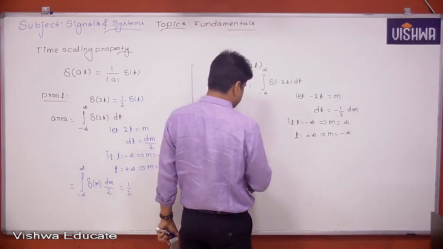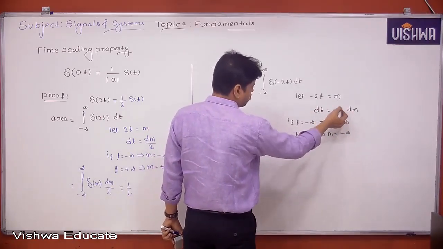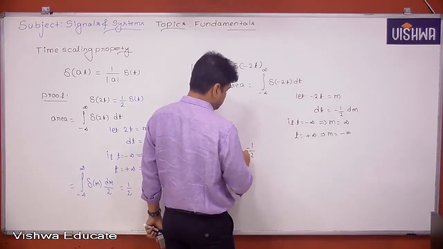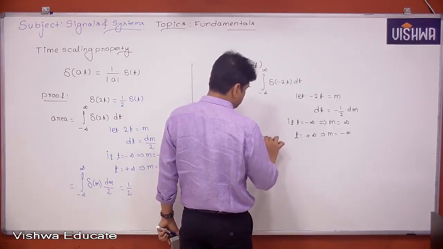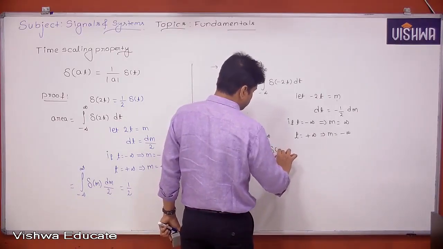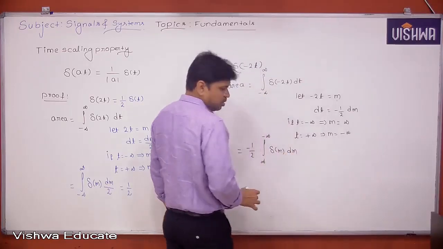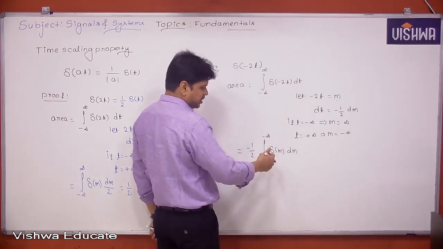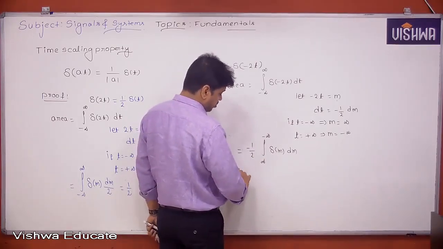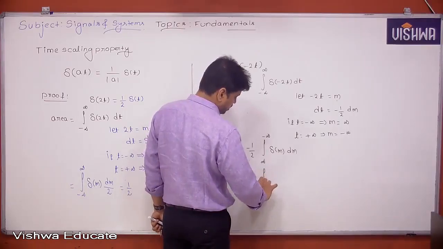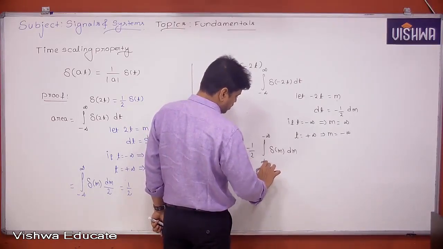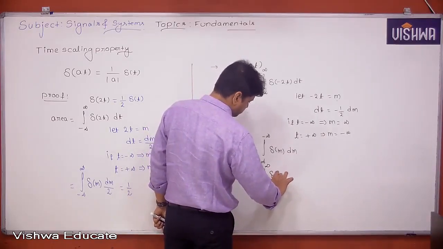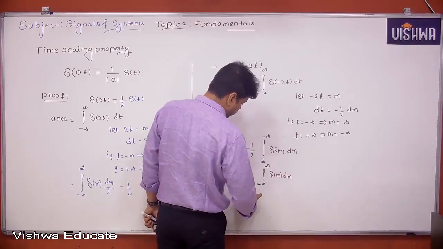Then if dt is equal to minus 1 by 2 dm, I write minus 1 by 2 outside the integral, from infinity to minus infinity of delta m dm. These limits are not in the proper form, so if we put them in proper form, interchanging the limits of the integral, then a minus sign will come again. So 1 by 2 times the integral of delta m dm, which is equal to 1, finally 1 by 2.